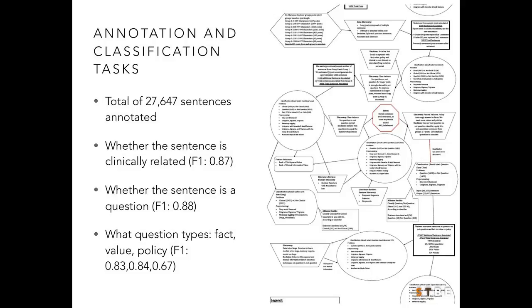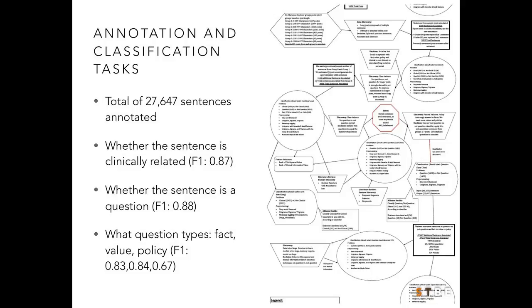After we annotated a total of 28,000 sentences and made it into training data, the performance increased greatly, where the F1 score was 0.87 for the question of whether the sentence is a question or not, and 0.88 for the other task.